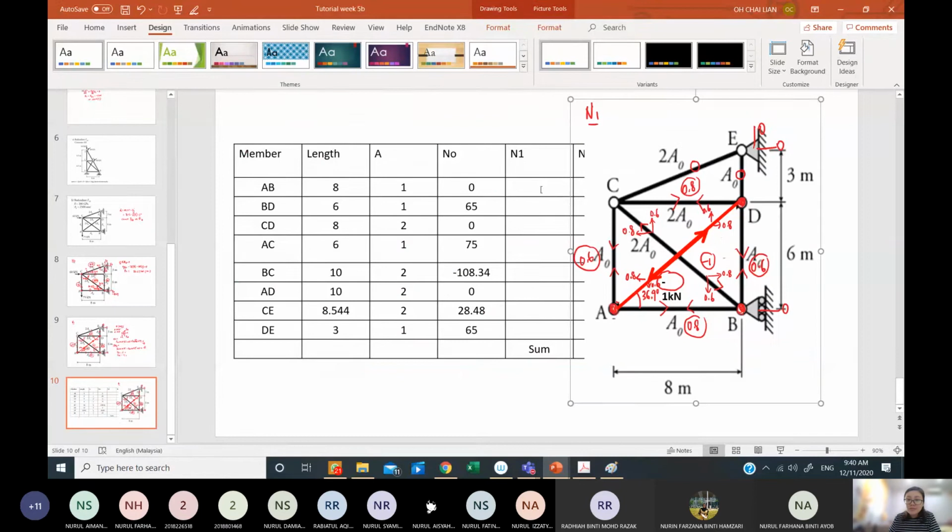Okay, so AB is 0.8, D is 0.6, CD is 0.8, AC is 0.6, BC is -1, AD -1, CE 0, and DE 0.